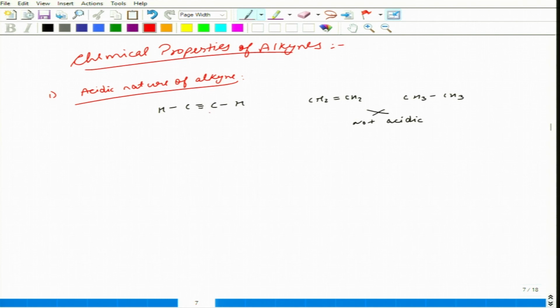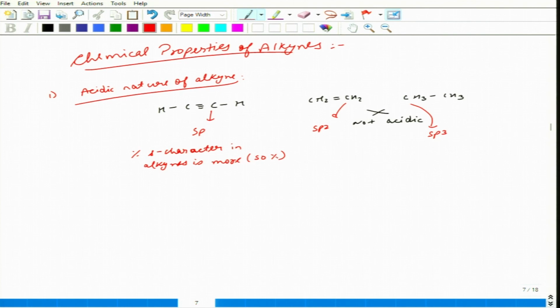This carbon is sp hybridized, these carbons are sp2, and this is sp3. So the percentage s character in alkynes is more, around 50%.